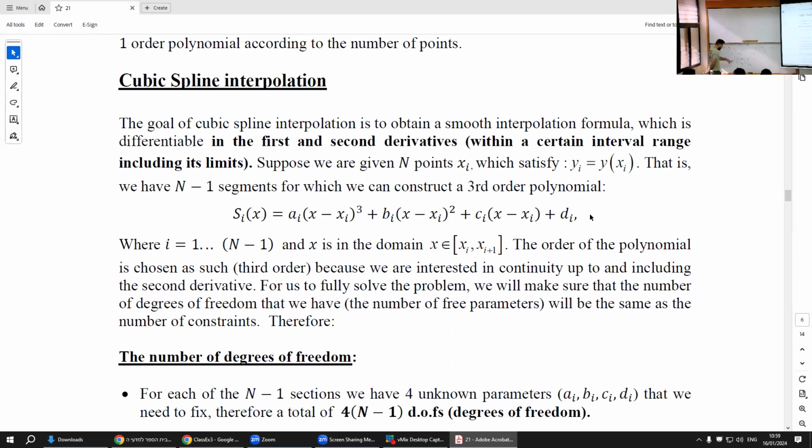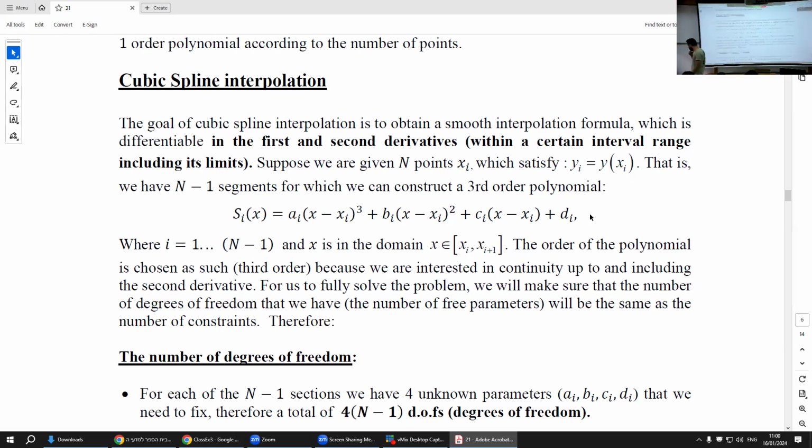So how many constraints or conditions are here? 2 times n minus 1. So I also have to impose more conditions to determine these 4 times n minus 1 parameters. And because we are in physics, and that's why we chose cubic, we like the second derivatives to be continuous.